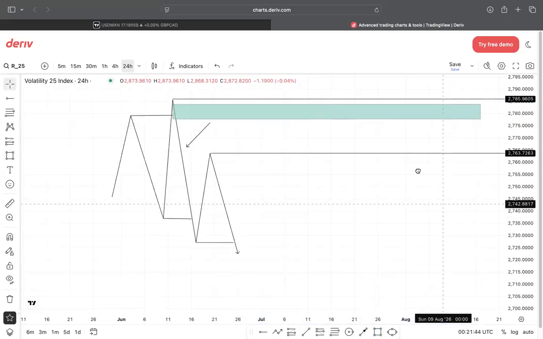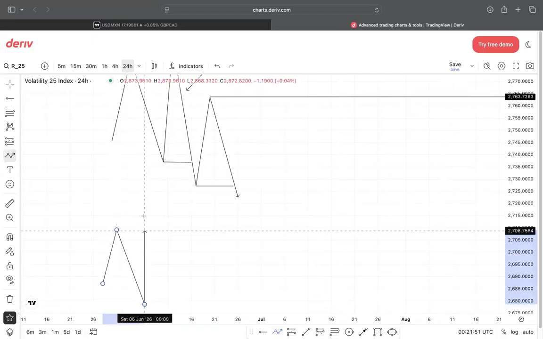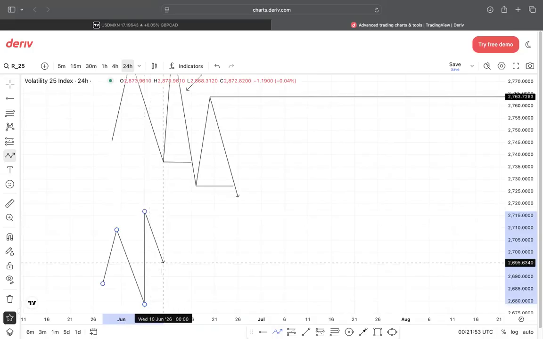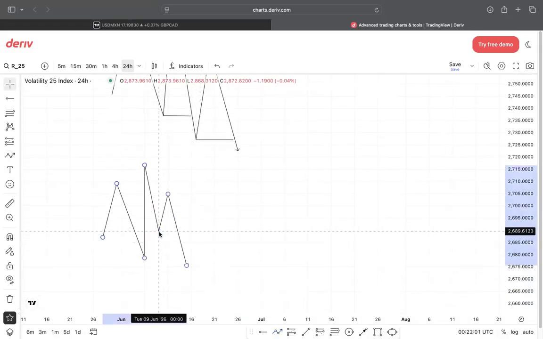Then we also have the type B, something similar but with a slight difference. We have our sweep, and then structural liquidity forms first before eventually breaking the full structure. Something like this.